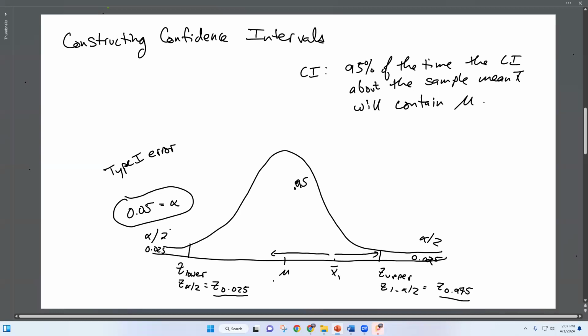You'll never know if that's true, but from a probabilistic standpoint, that's what alpha represents. It's the probability that your confidence interval doesn't cover the mean when your sample is from this population mean.